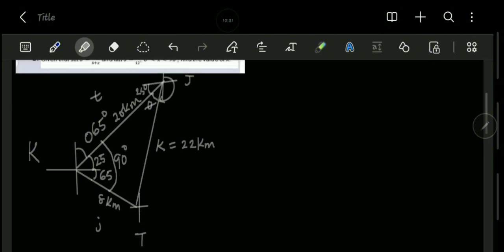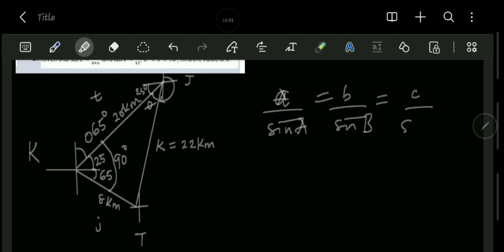To find the angle there, we're going to use the sine rule. When should I use the sine rule? When you have a given angle in a triangle, which is this one, and you want to use that angle to find another angle in the triangle, we use the sine rule. The sine rule states that a over sine A is equal to b over sine B is equal to c over sine C. But notice that I don't have a, b, c's.